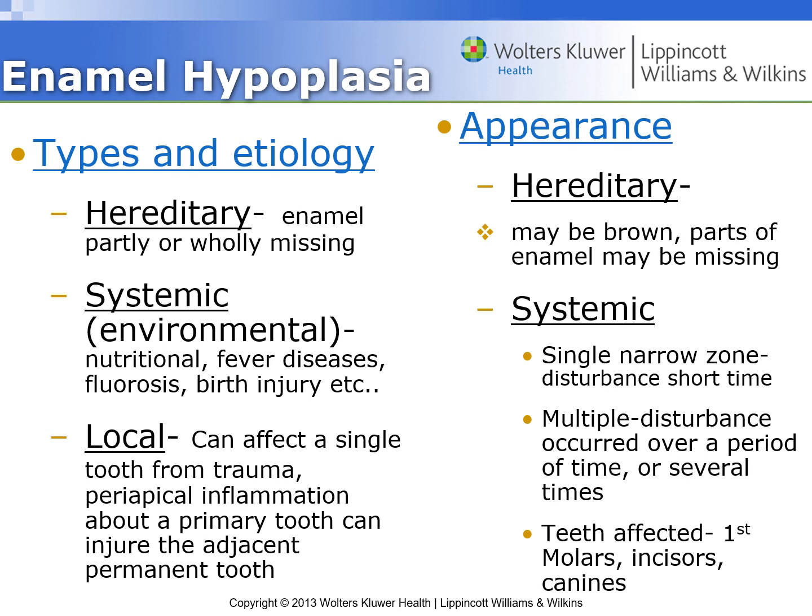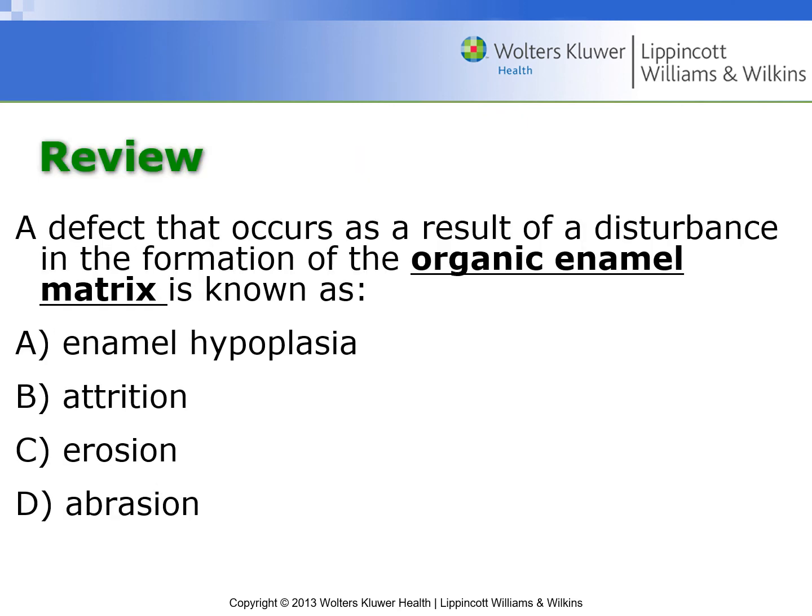If it's systemic, like fever or nutritional, it could be a single narrow zone, a disturbance for a short time. Multiple disturbances over a period of time affect more of the tooth surface. The teeth affected are most often the first molars, incisors, and canines of the permanent teeth, although there can always be exceptions to the rule.